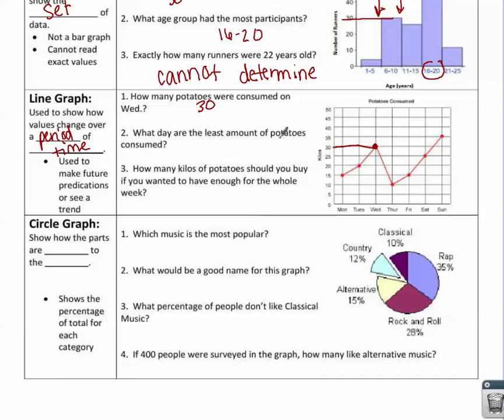What day are the least amount of potatoes consumed? So you want to go to the lowest point of the line graph, and that's going to be on Thursday. And how many kilos of potatoes would you buy if you wanted to have enough for the whole week?